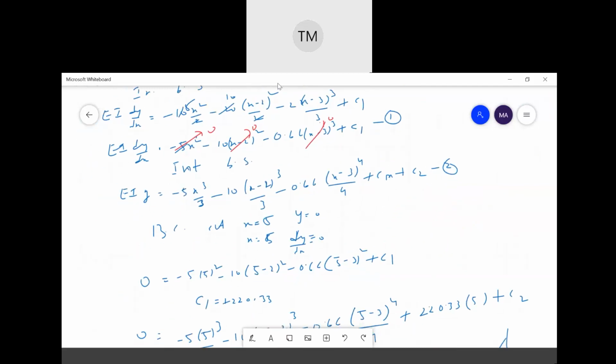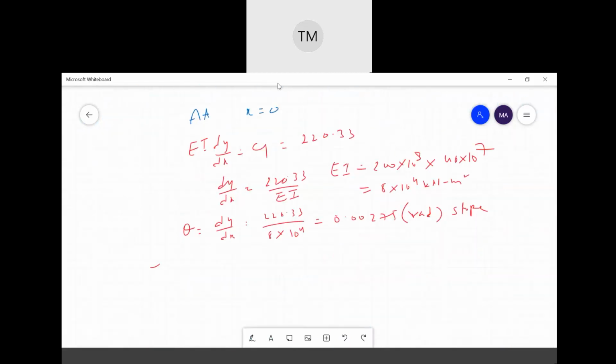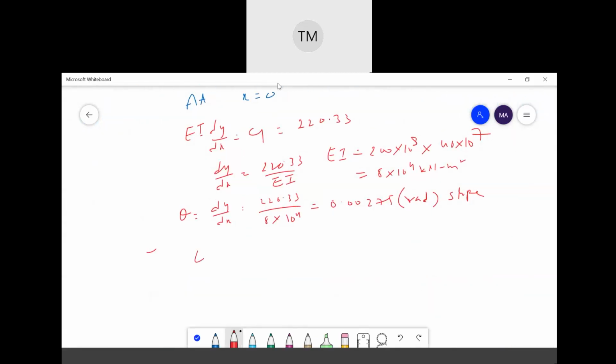Then when you substitute in the second equation, what happens? Again this term will be 0, this term will be 0, this term will be 0. The remaining term is only the C2. EIy is equal to C2, y is equal to C2 by EI. The value of C2 is minus 800.65 by 8 into 10 power 4.